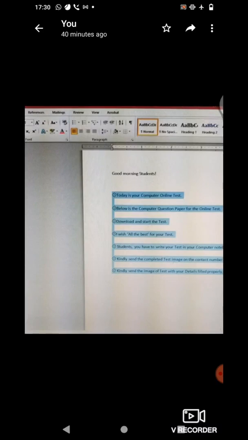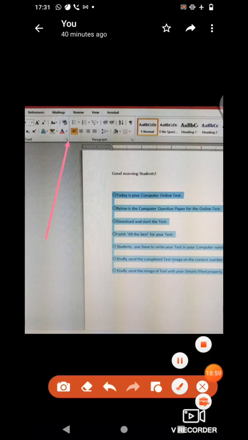There's one more application that can be used. It's known as Microsoft Word, which has many other features. See here, these are all features. We will learn the details about these applications in your higher standards.